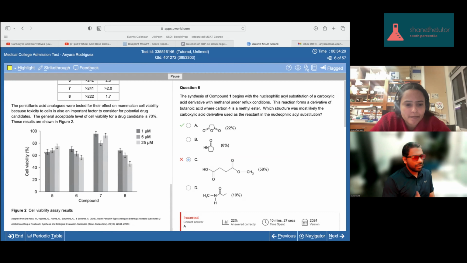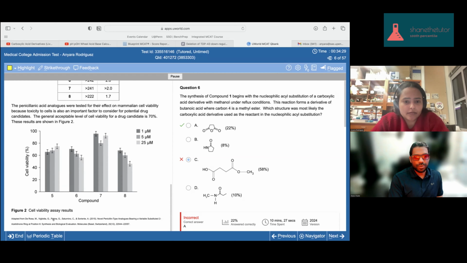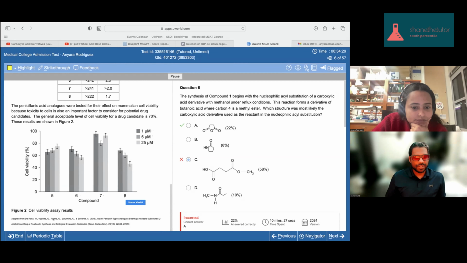So anytime you have a graph or chart or figure with two different types of information, I would just do it one by one. Either we evaluate each for the differences for these different concentrations, or we evaluate each keeping one of the concentrations constant, right?